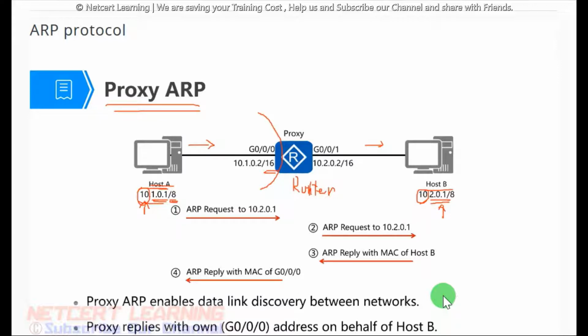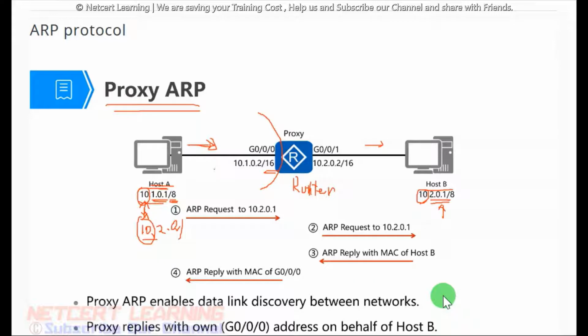So when host A wants to ping host B, for example 10.2.0.1, host A will regard the network part as the same. So host A will think host B is in the same network. Host A will not send a packet to the gateway, but just send an ARP request in the same network.